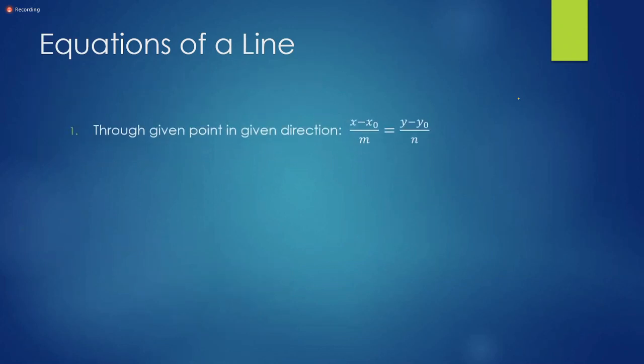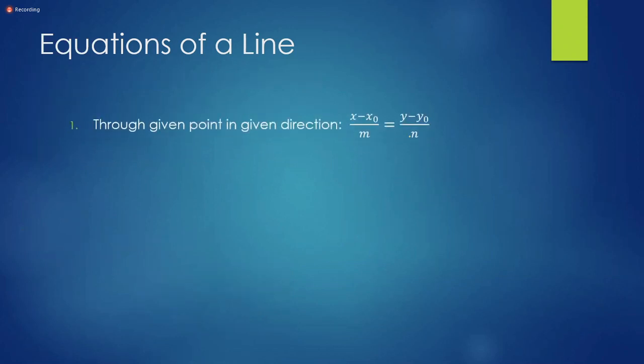So, through a given point in a given direction. There are two things that we can read off this equation. First of all, if we see this equation, we know immediately one point on this line and a direction vector for this line.